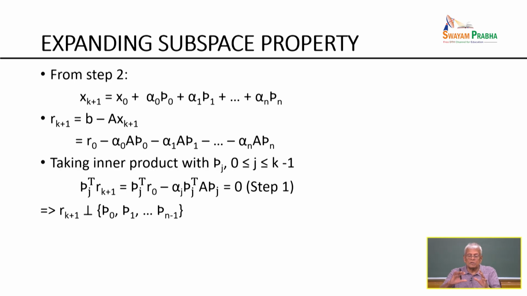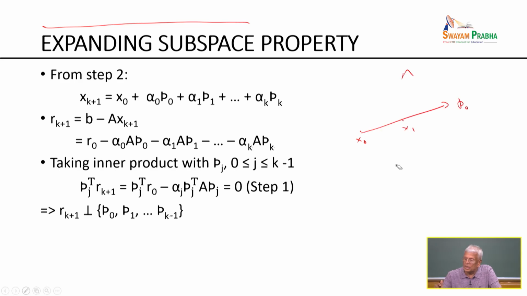Now, I am going to talk about an important property of the conjugate gradient algorithm, called the expanding subspace property. What is the expanding subspace property? I start at x naught, I have a direction p naught, I come to x 1, then I take a direction p 1, which is conjugate to p naught, then I find x 2.